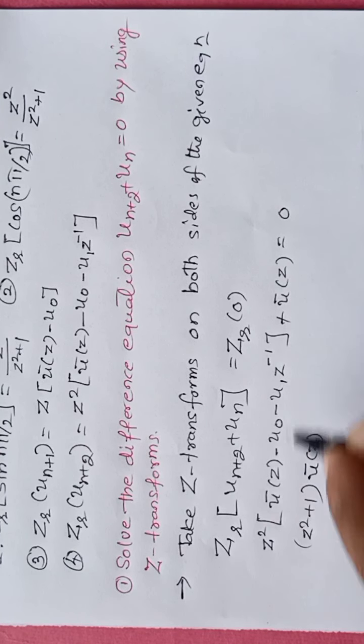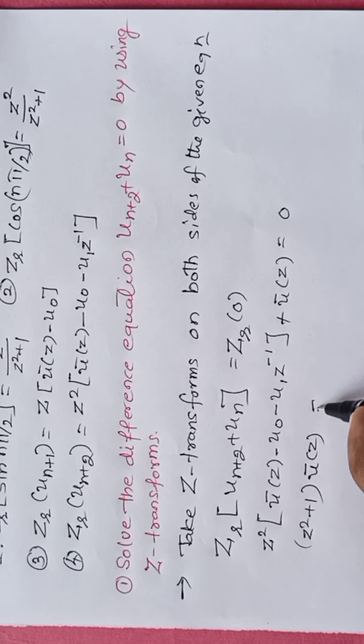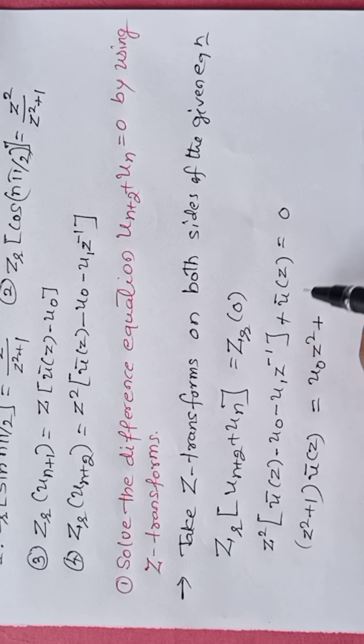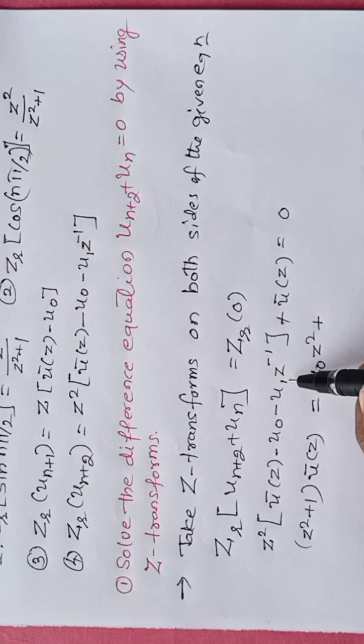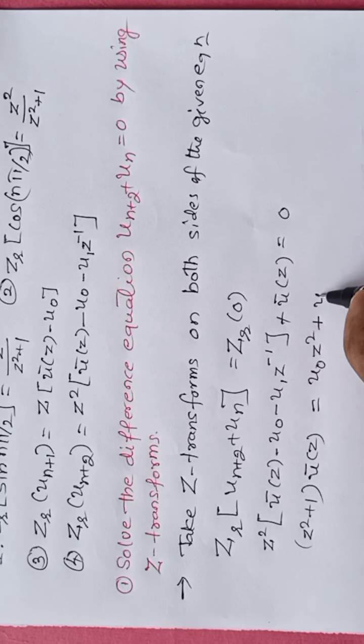Next, is equal to, what happens? Take this side: u naught into z square, next here plus u1 z inverse.